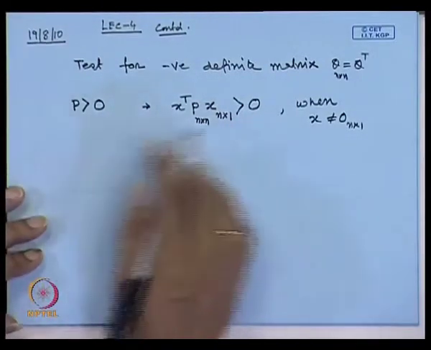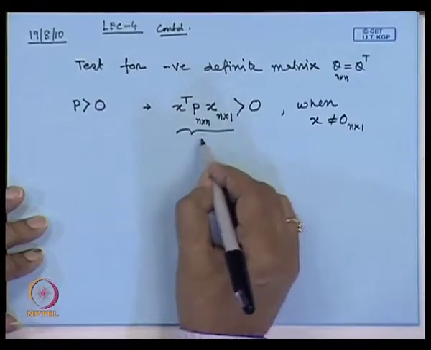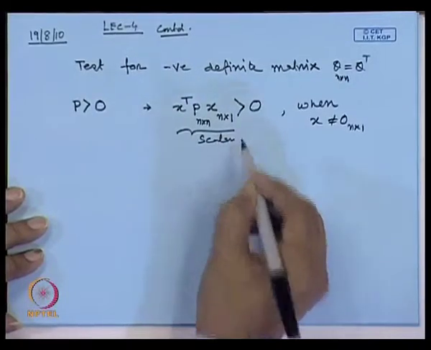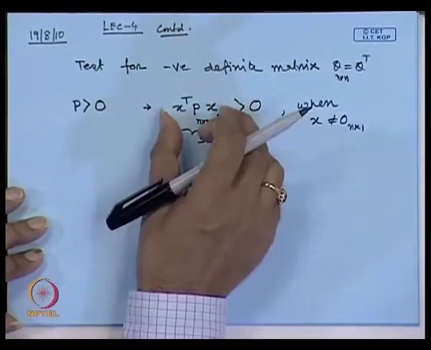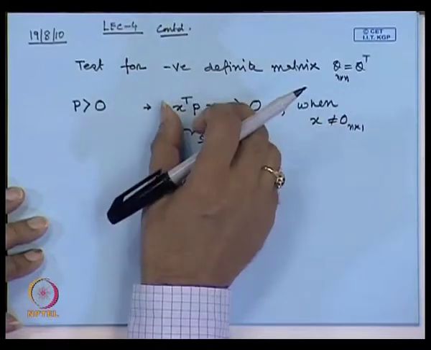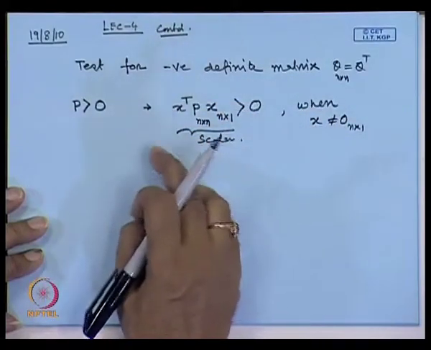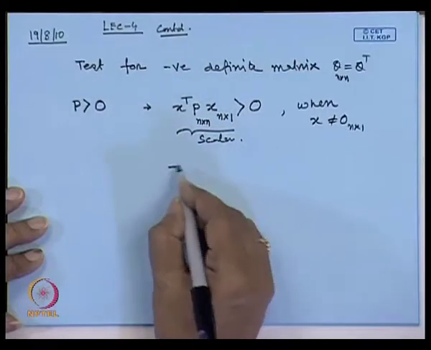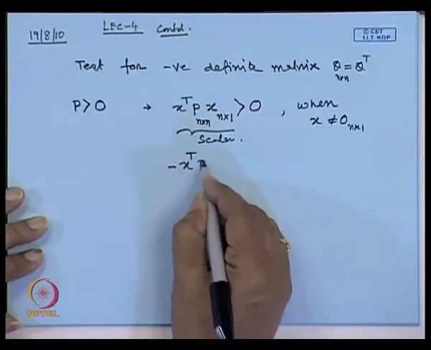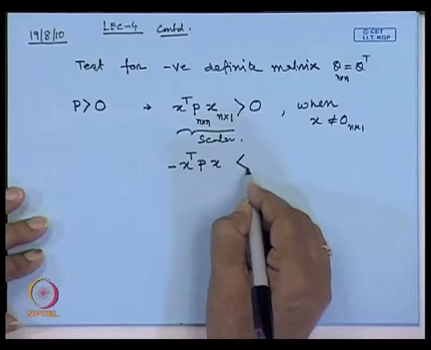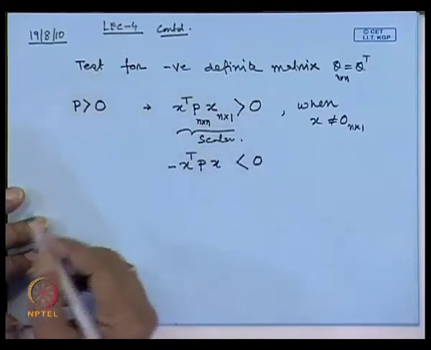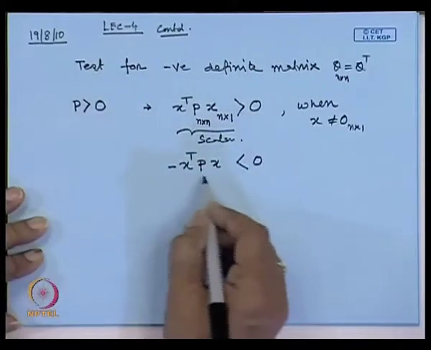Now, since this is a scalar quantity, if I multiply both sides by minus 1, I can write that x transpose P x is less than 0. This is the important step.